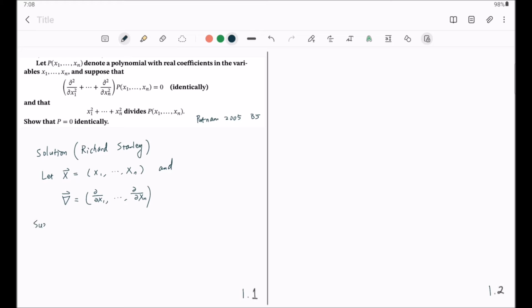Now suppose P of x, here we're already using this shorthand notation. This literally just means P of x1 through xn.